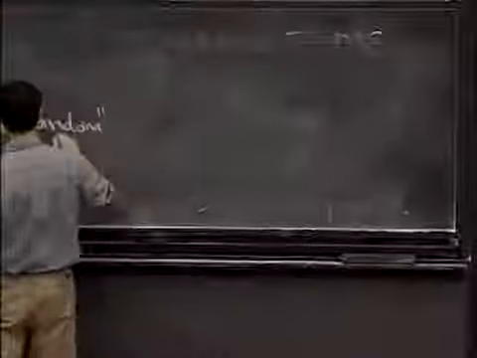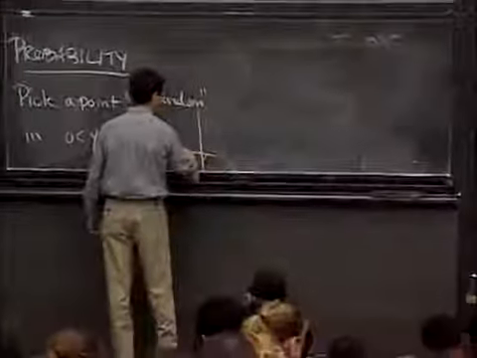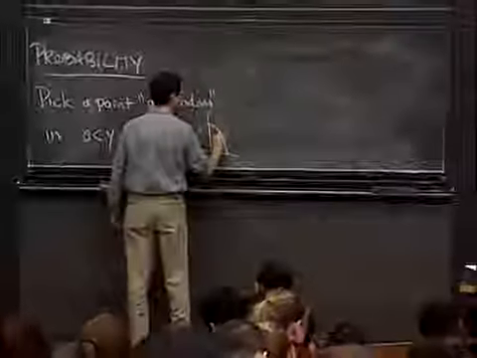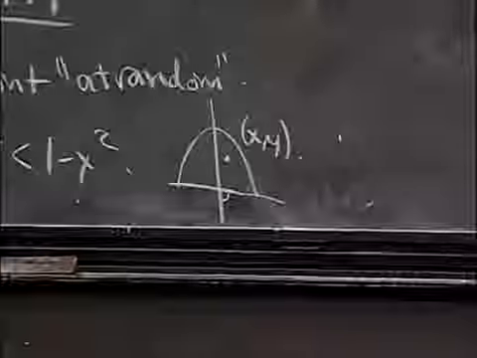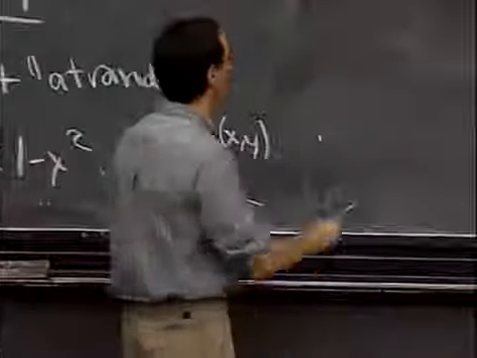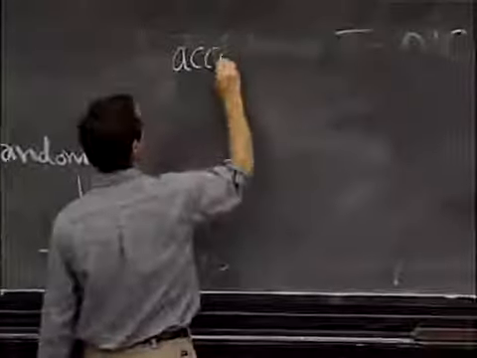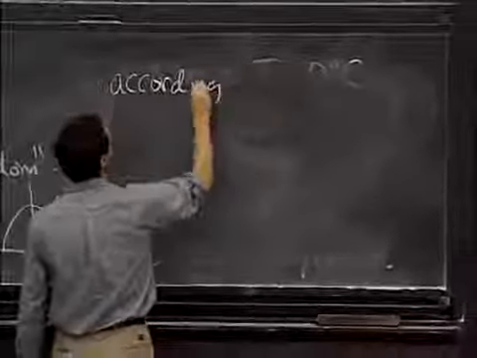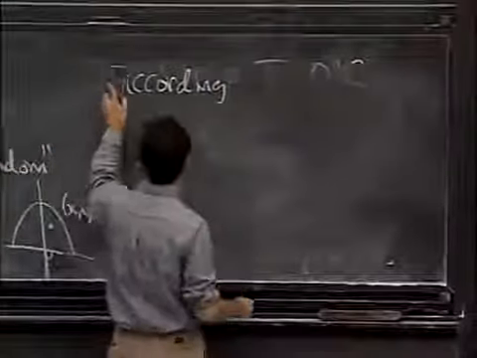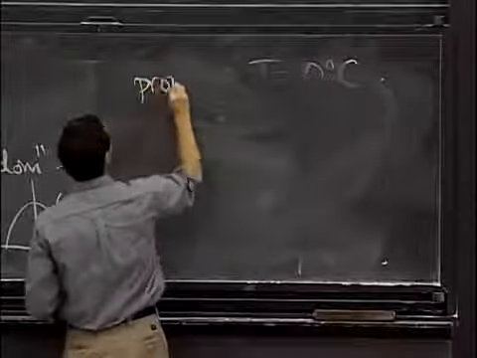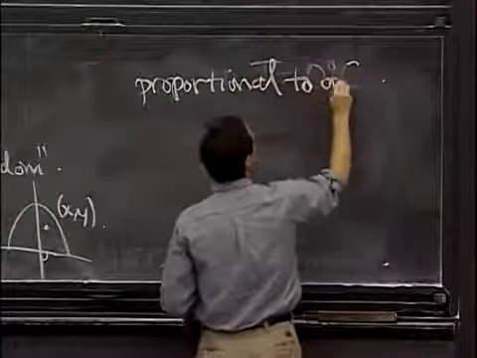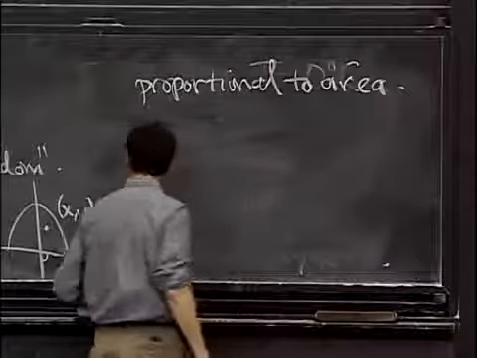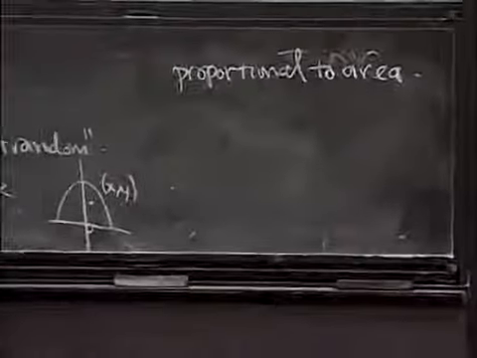Well, let's draw it right down here for now. So somewhere in here, some point x comma y. And then I need to tell you according to what this random really means. This is proportional to area, if you like. So area inside of this section.